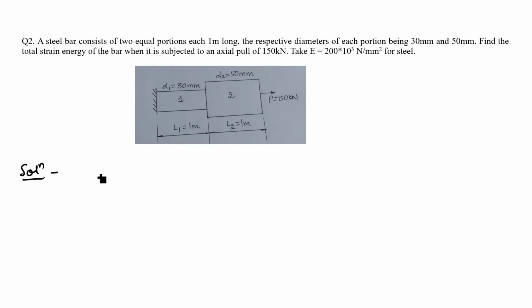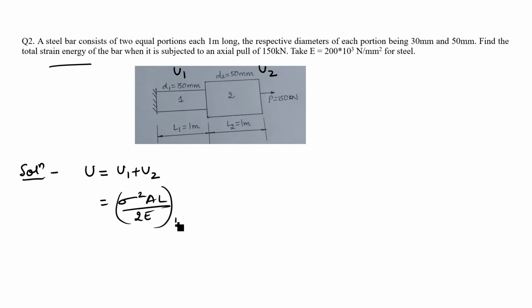I am supposed to calculate the total strain energy of the bar. So let me say the total strain energy is U. The strain energy of the first bar is say U1 and for the second bar say it is U2. So it is very simple, U1 plus U2. The formula is going to be sigma square AL upon 2E for the first bar plus sigma square AL upon 2E for the second bar.